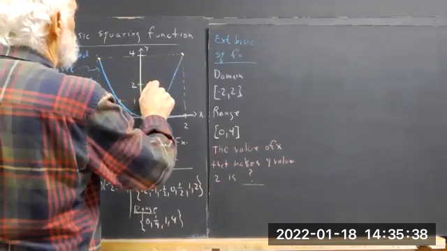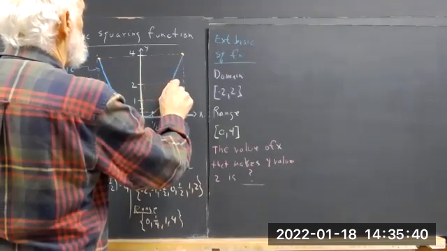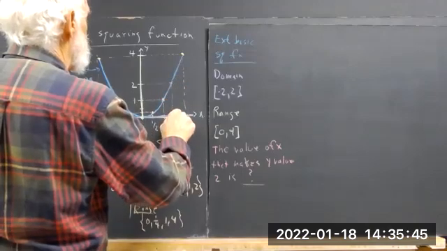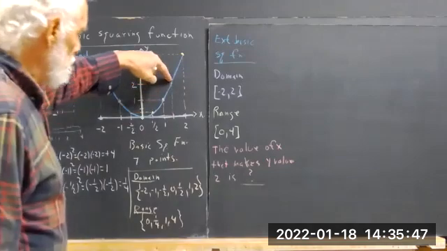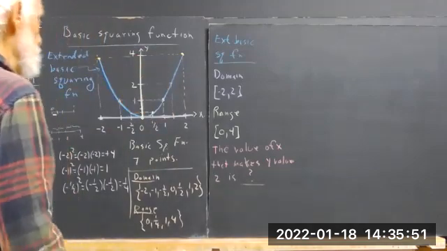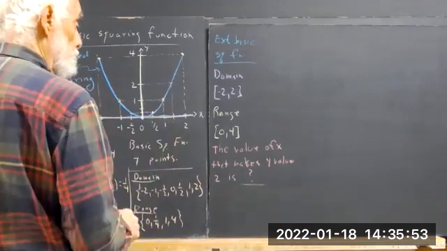If y equals 2, we get a point on the graph whose x-coordinate is here.